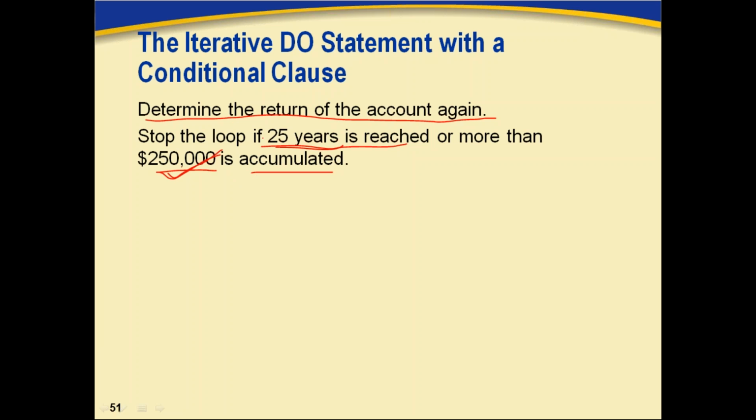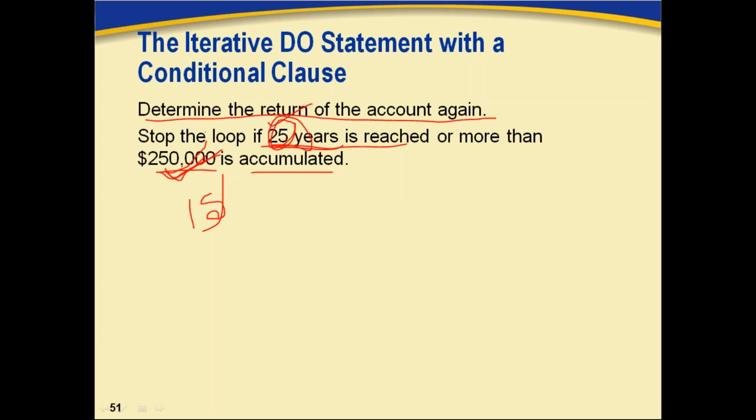You have to run a loop 25 times, or if the amount is accumulated. Let's say at the end of the 15th year you accumulated $250,000. Then I should not run the loop 25 times. I should stop there itself.